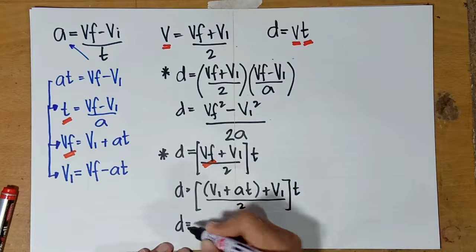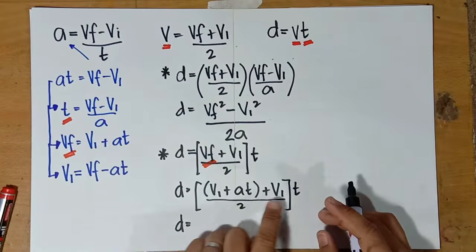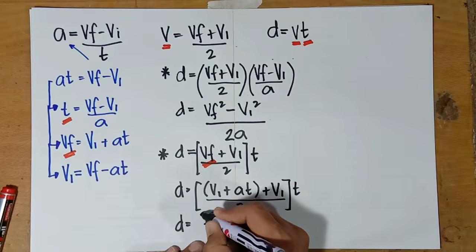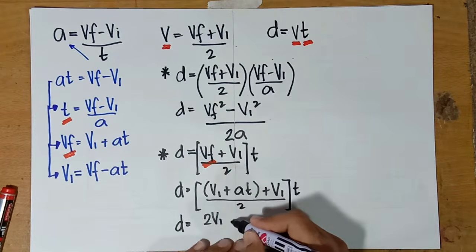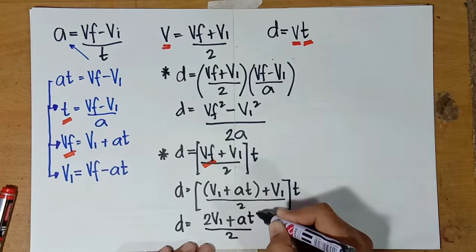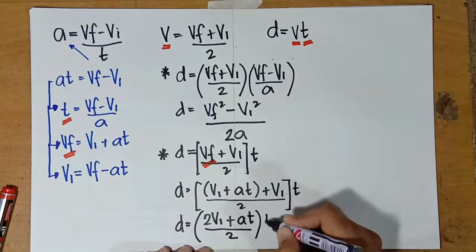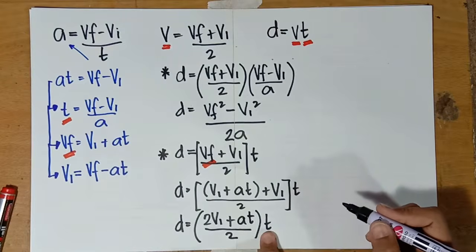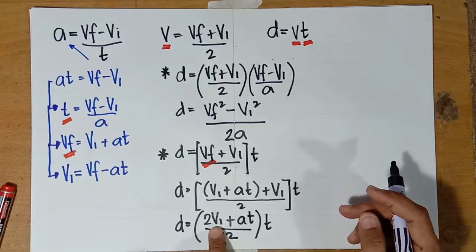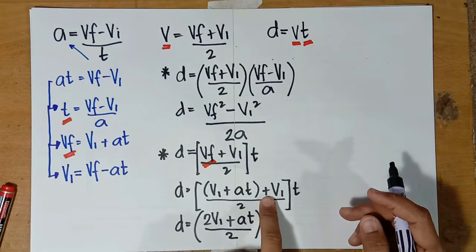Then, again, the basics of algebra. Vi plus Vi is 2Vi. Then, plus at all over 2 multiplied by the t outside. Again, Vi plus Vi is 2Vi. Now, at is added because they are separated by plus sign.